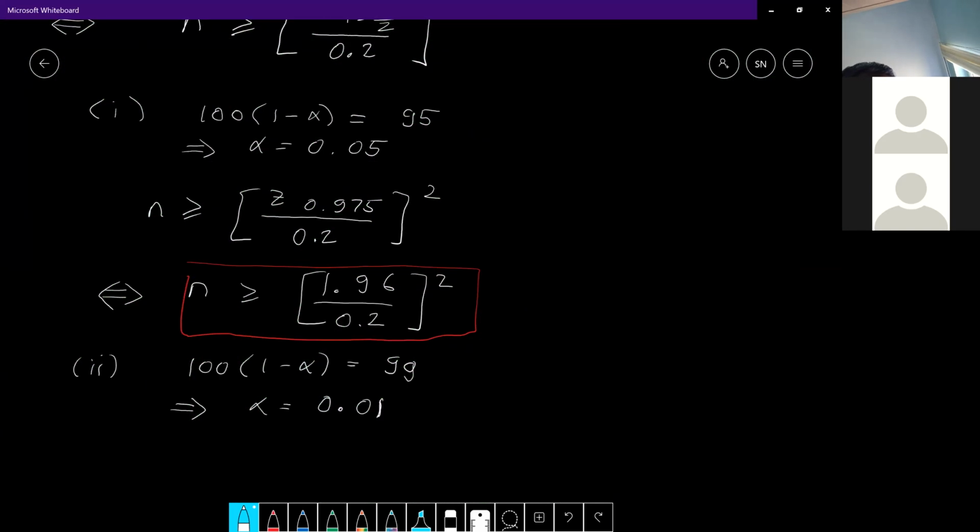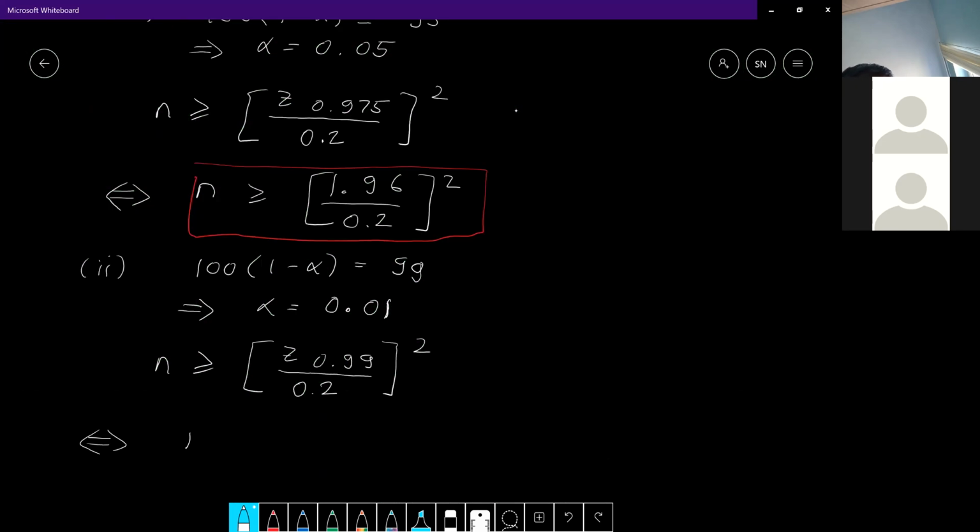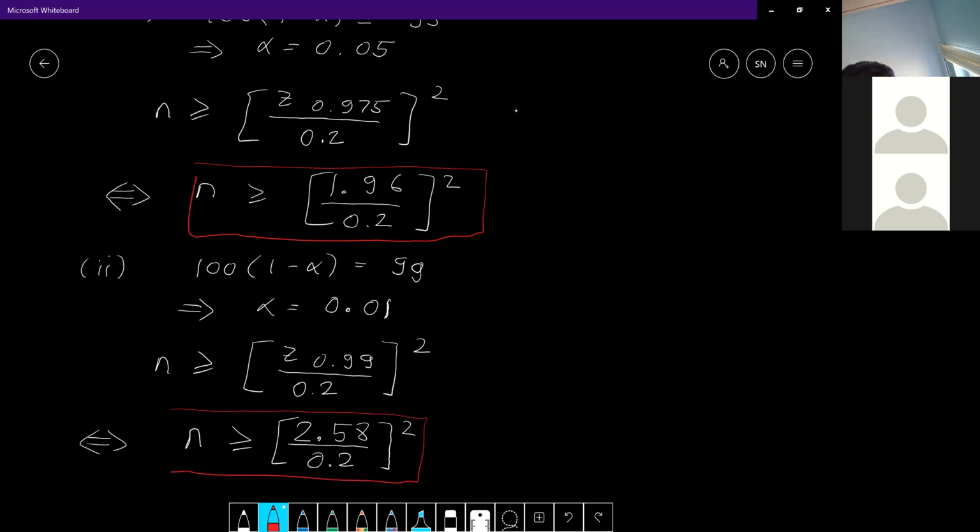So n is greater than or equal to z 0.99 divided by 0.2, to the power of 2. In other words, n is greater than or equal to 2.58 divided by 0.2, squared. Okay, so that completes question number 5, unless you want to ask me something.